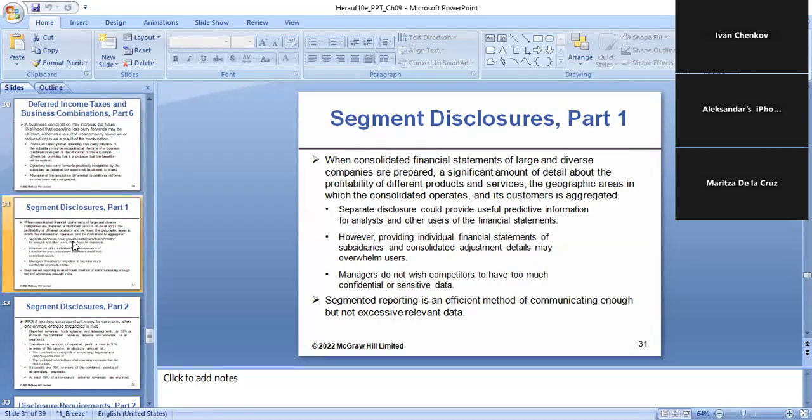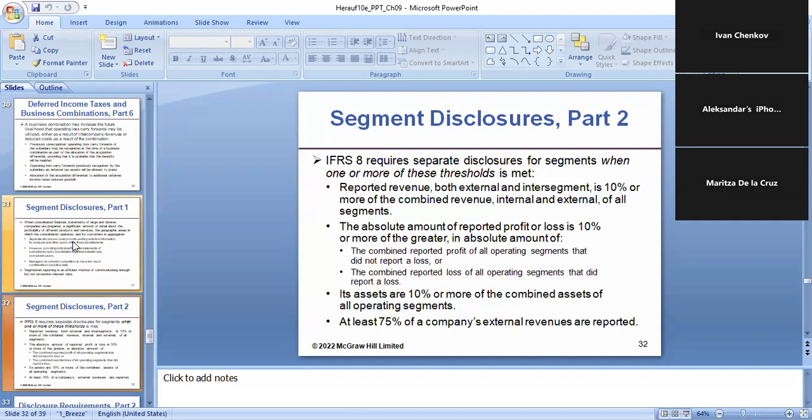Segment reporting is an efficient method to communicate enough but not excessive relevant data. Remember, be very careful when you're preparing financial statements, and if you have to prepare the segment reporting, be very careful what kind of information you release to outsiders. You don't want to release too much information about the company.